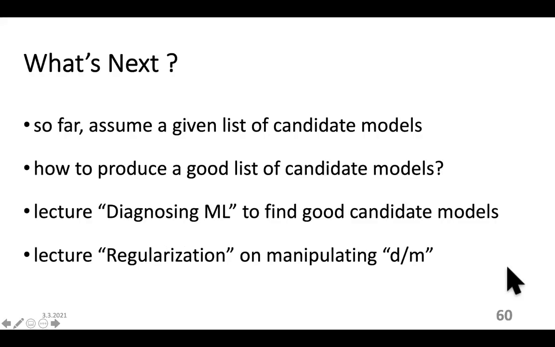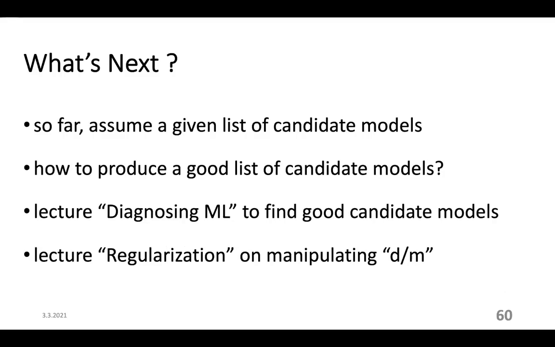So what's next? Today, we mostly assumed that somebody gave us a list of candidate models. Alex gave you an idea for a list of candidate models like logistic regression and decision trees. But then in practice, how do you come up with a good list of candidate models? They don't fall from heaven normally. Nobody tells you that.